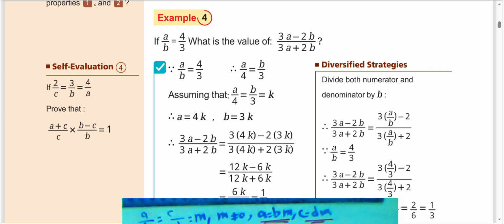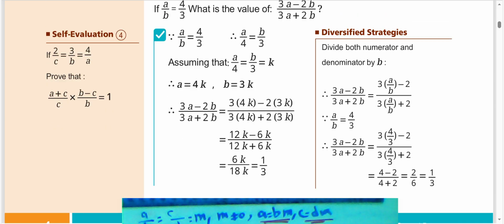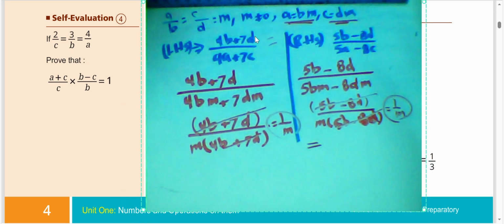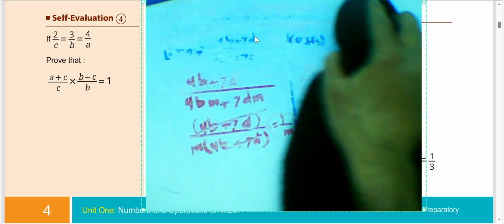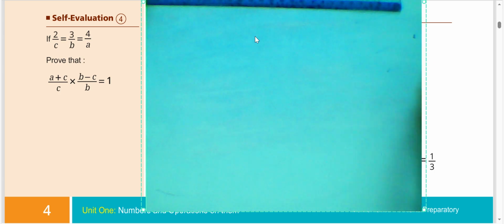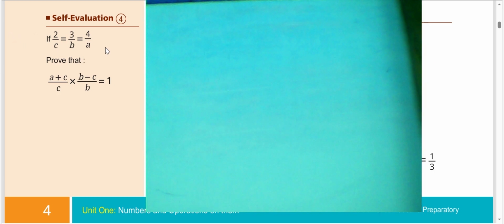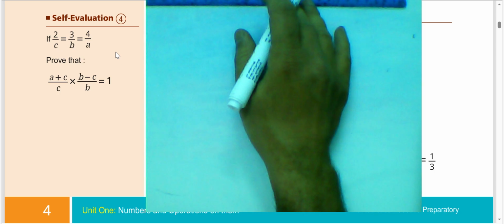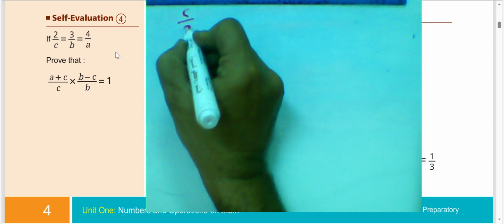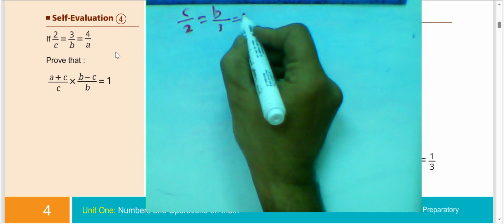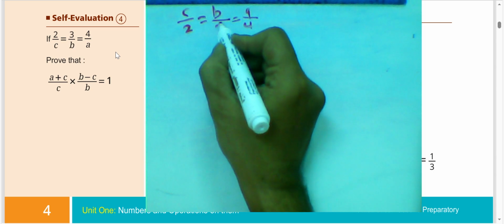Self-evaluation: I will solve number 4. You want to prove that the product between two expressions equals 1. Given 2 over c equals 3 over b equals 4 over a, we can write the reciprocal by the fraction property: c over 2 equals b over 3 equals a over 4.